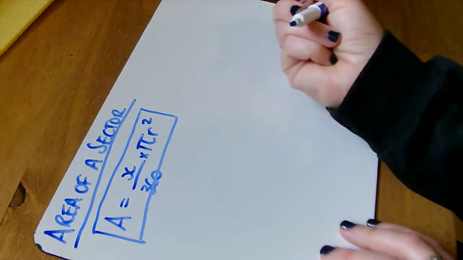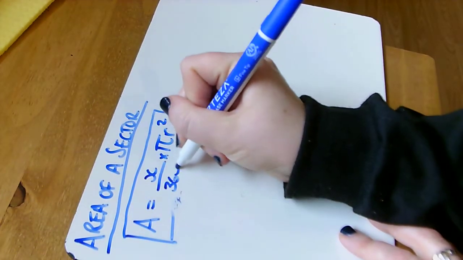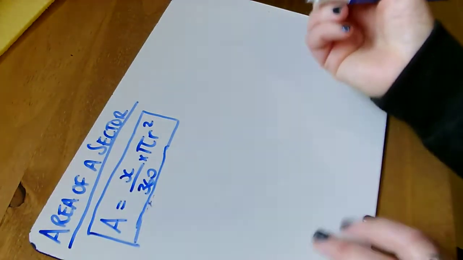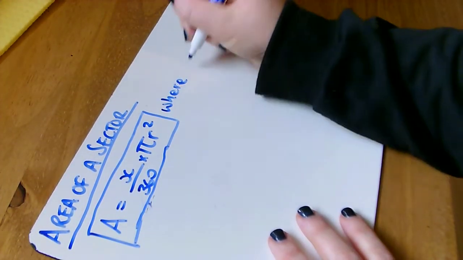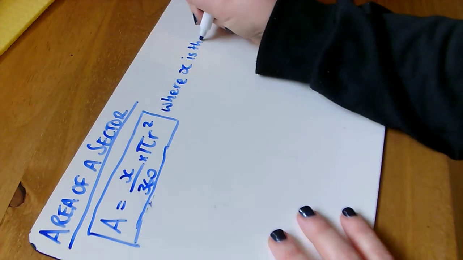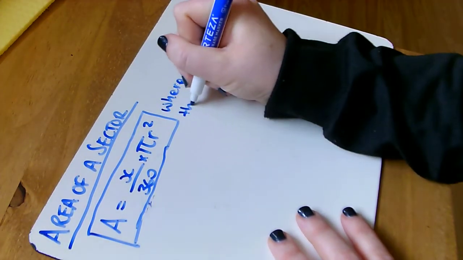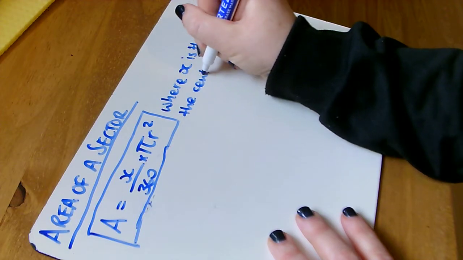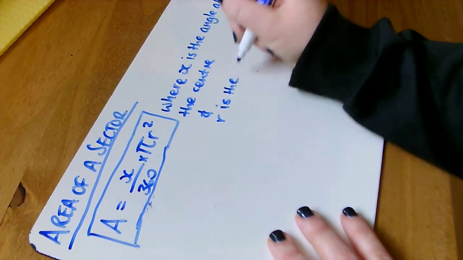And we need to define what these variables are. Okay, so where x is the angle at the centre, and r is the radius.